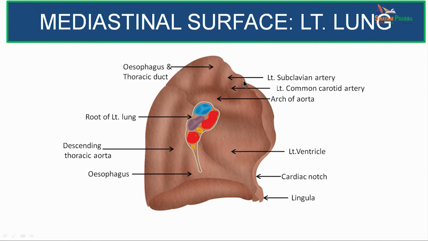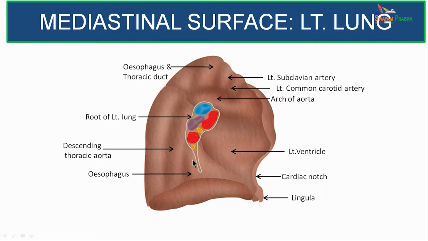Now, at the upper portion, we have a couple of impressions which seem to be dipping into this curved arch of aorta impression, that is formed by the left common carotid artery and by the left subclavian artery. Posterior to that is an impression formed by the esophagus and thoracic duct.